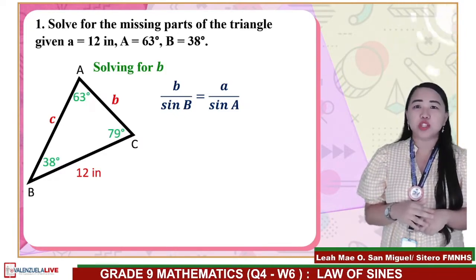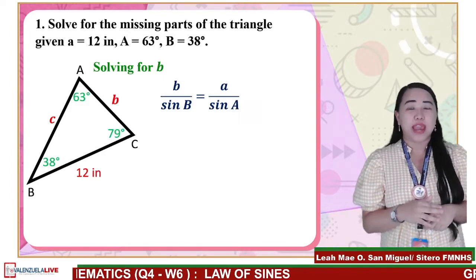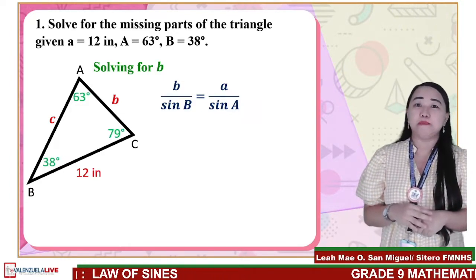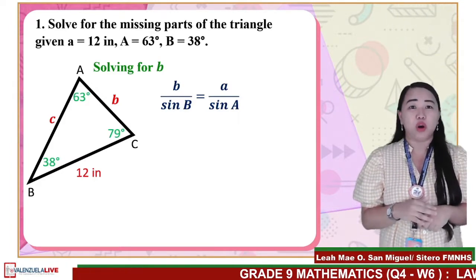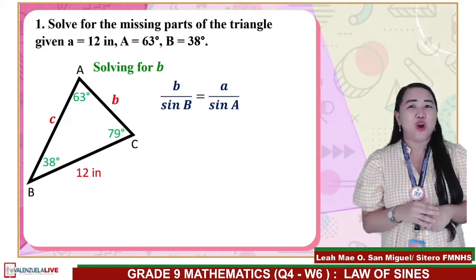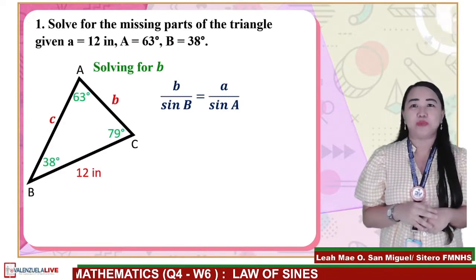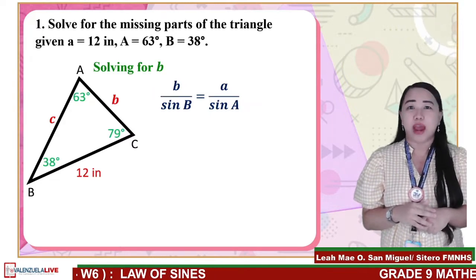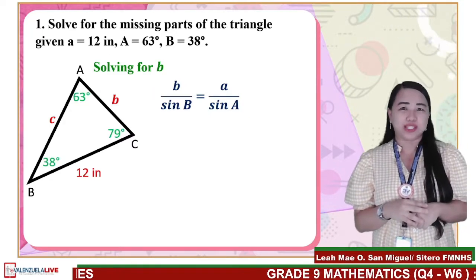But which ratio? One of the ratios must involve a known side and its opposite angle. The other ratio containing the missing part must have known value, either the side or angle. Thus, the proportion is B over sine B is equal to A over sine A. It doesn't matter what ratio will be written on the left or right side of the equation, as long as the order of ratio is correct.